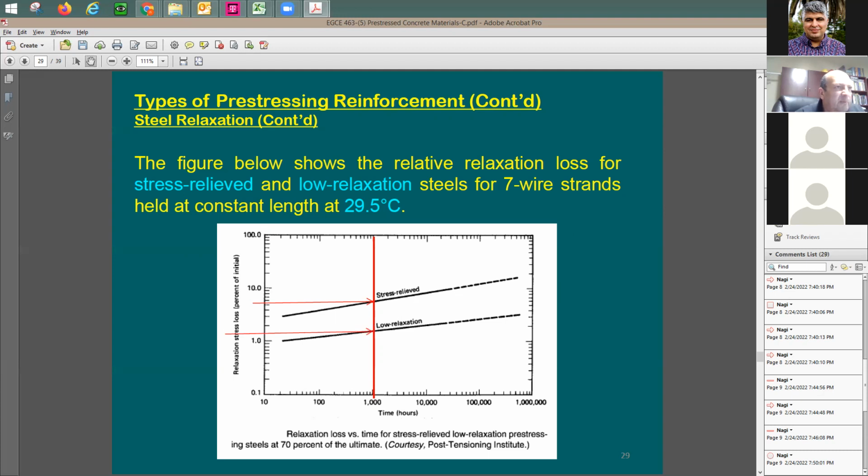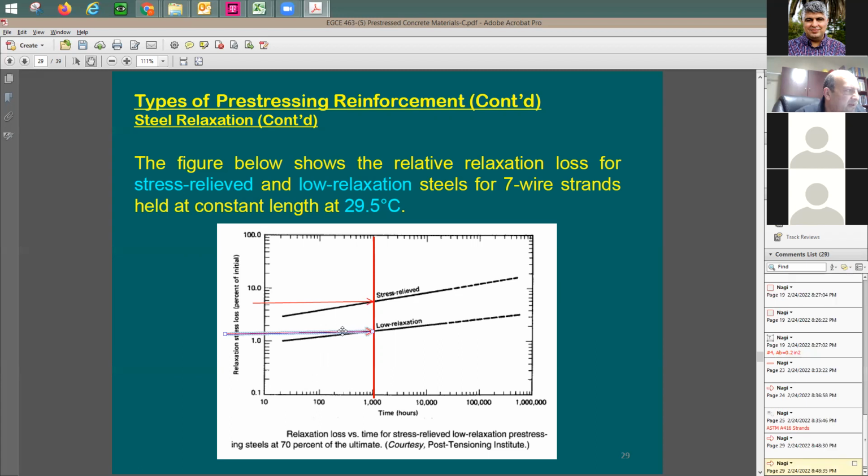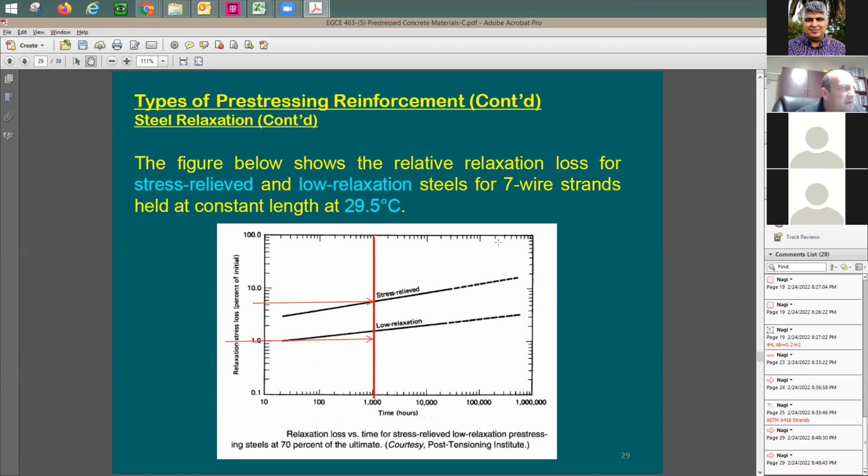So let's say if I move the line right here, since this is a logarithmic scale, I'm gonna move it here. And say, let's talk about this line here. How much is that?